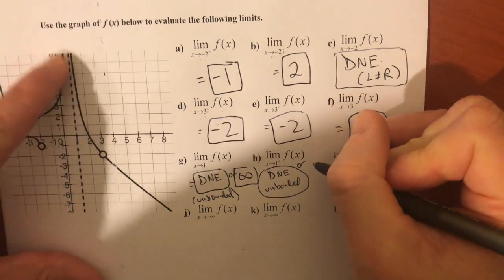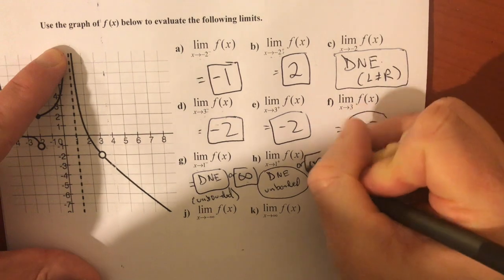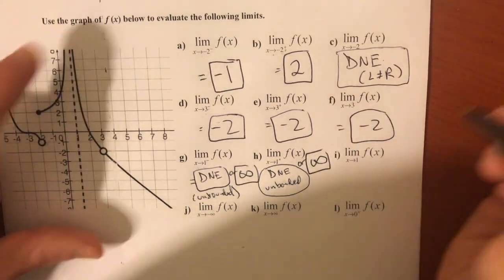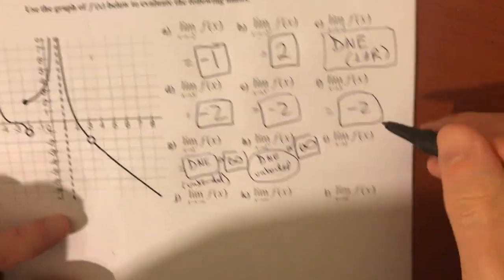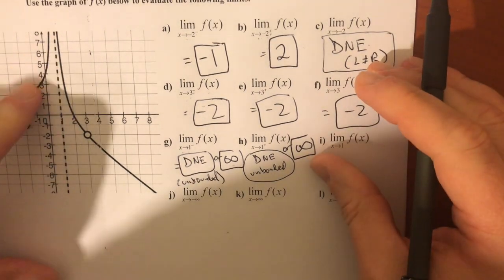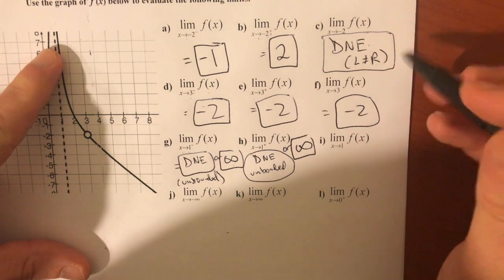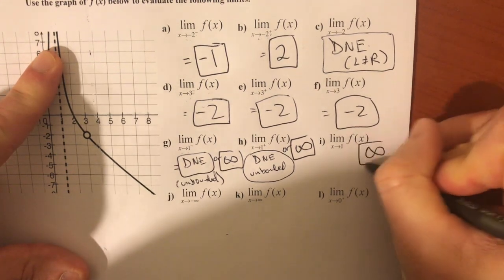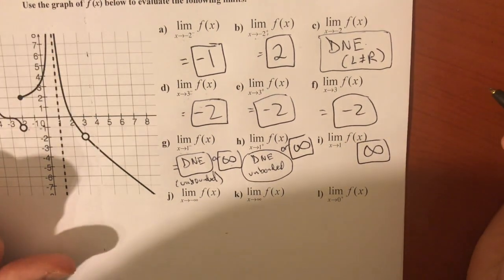Or you could say that's going to infinity. That's describing the y value behavior. Either or. And the same thing goes for x approaching 1. That implies left and the right. You could say DNE, or you could just say infinity. Either or.